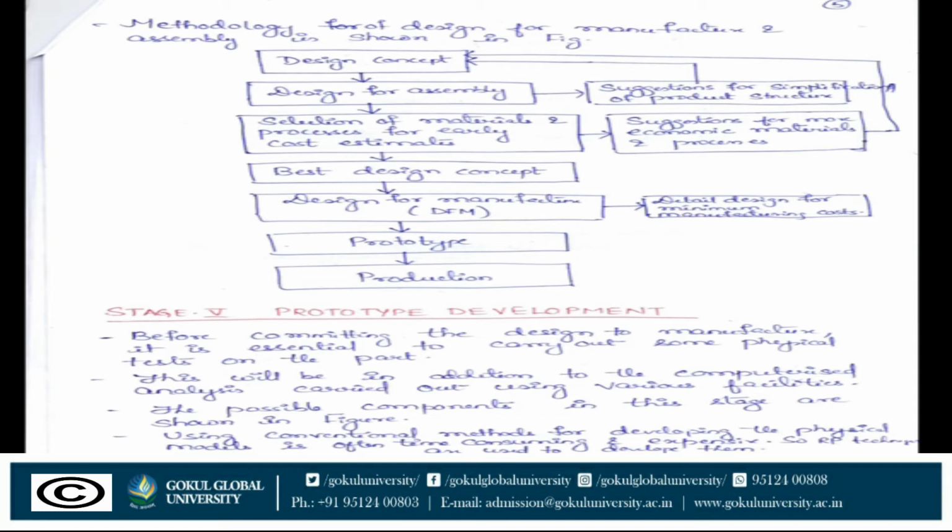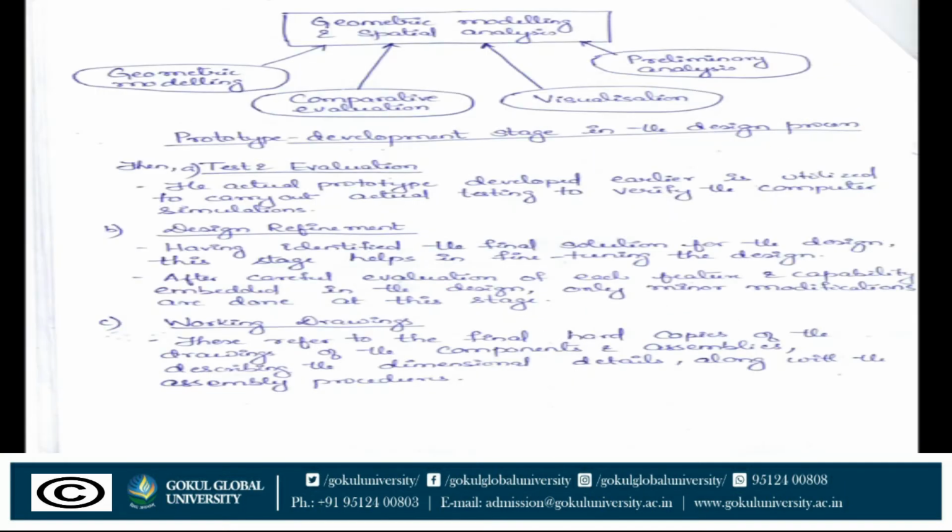Stage 5 is the development of the prototype. Before this we have to consider all parts for design for manufacturing. If you consider all those parts, the design is prepared and manufacturing prepares them. With these parameters you have to prepare one part or one prototype, and that's called prototype development. Prototype development may be classified for evaluation, for the design requirement, and for the working drawings.